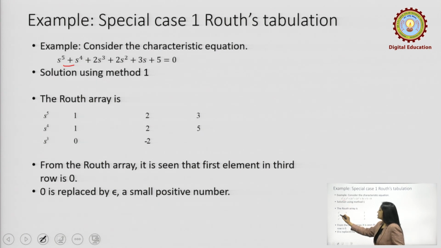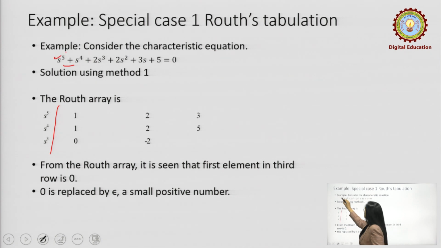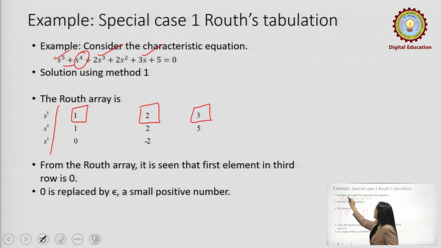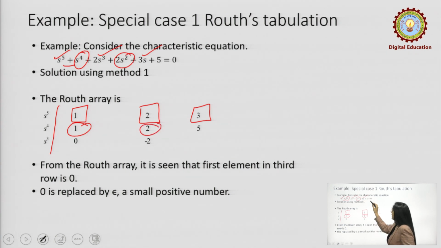The highest is s raised to 5; this left side is for reference, and this is the Routh array. The coefficient of s raised to 5 is 1, this coefficient is 1, then the coefficient of s cube, the coefficient of s, then the coefficient of s raised to 4, the coefficient of s raised to 2, and this 5 is replaced by the coefficient a naught.